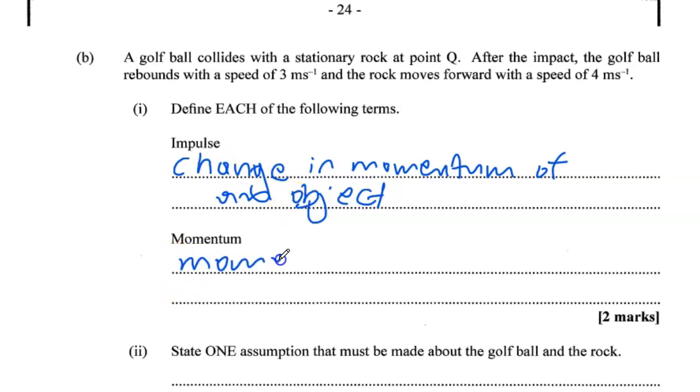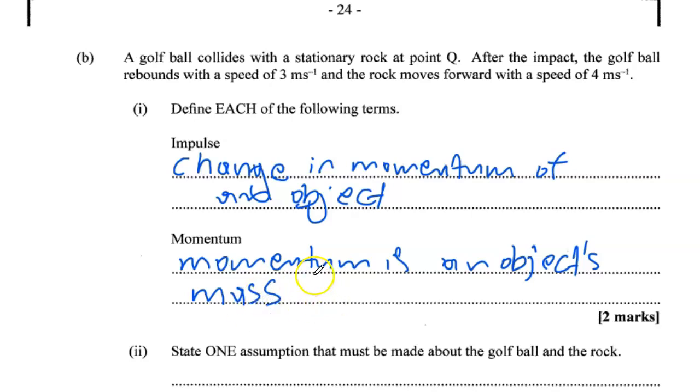Momentum is an object's mass times its velocity. So momentum is just the product of an object's mass and velocity.